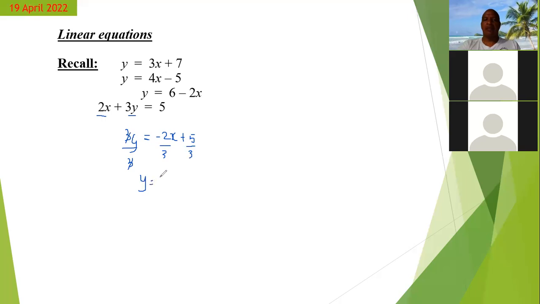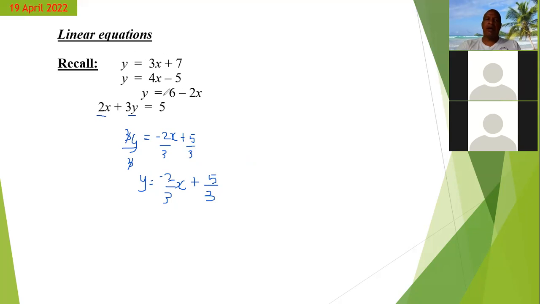And this becomes -2x over 3 and plus 5 over 3. Right. Now, when you compare this to these, it would look the same, right?